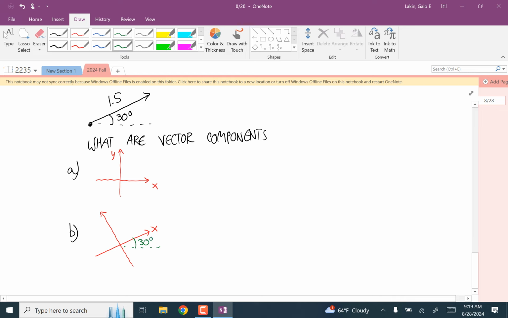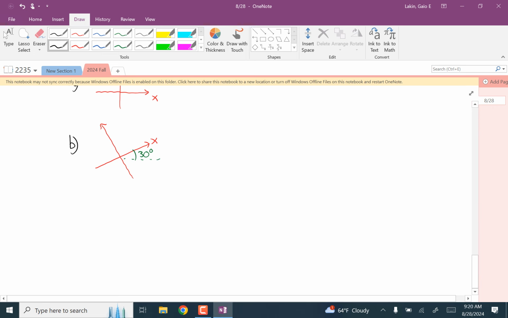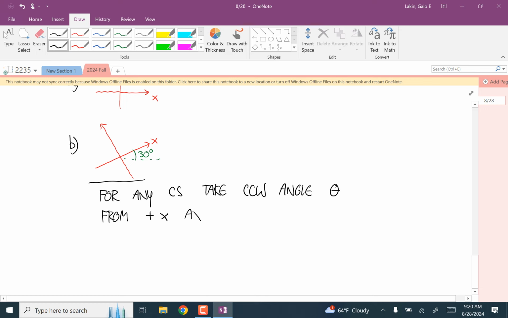In any case, for any coordinate system, take the counterclockwise angle theta that goes from the positive x-axis to the vector.